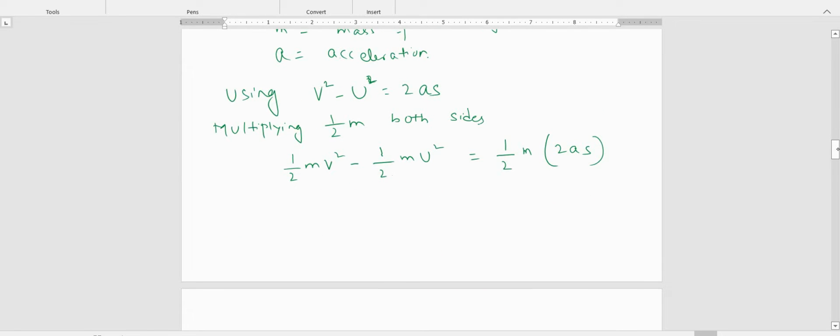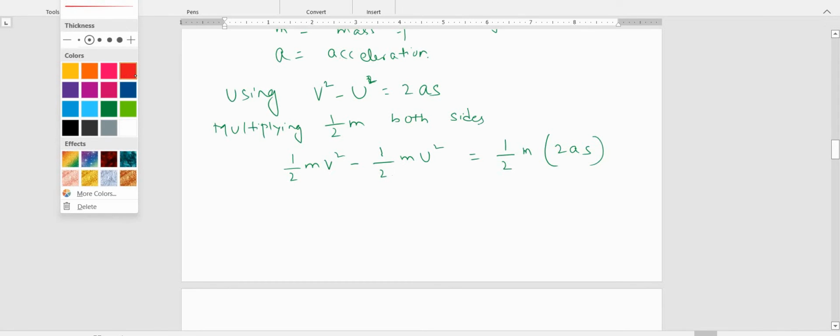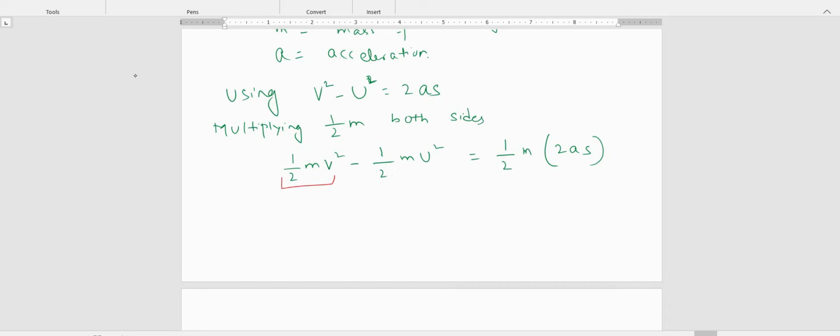So what is this half mv square? This is final kinetic energy, and this is initial kinetic energy. So you can write here final kinetic energy Kf minus initial kinetic energy Ki is equal to, 2 cancels out, m into a into s.